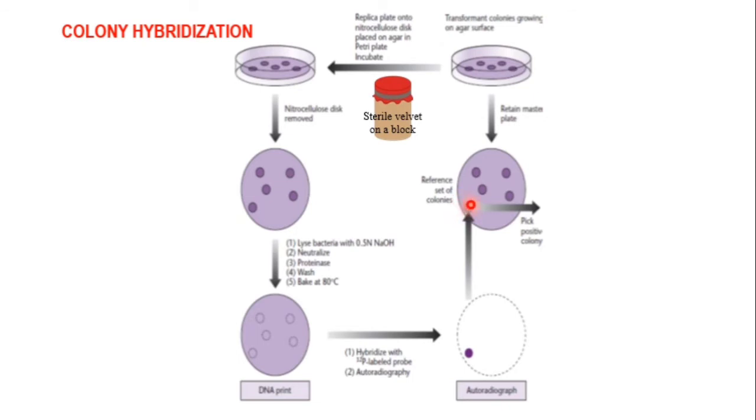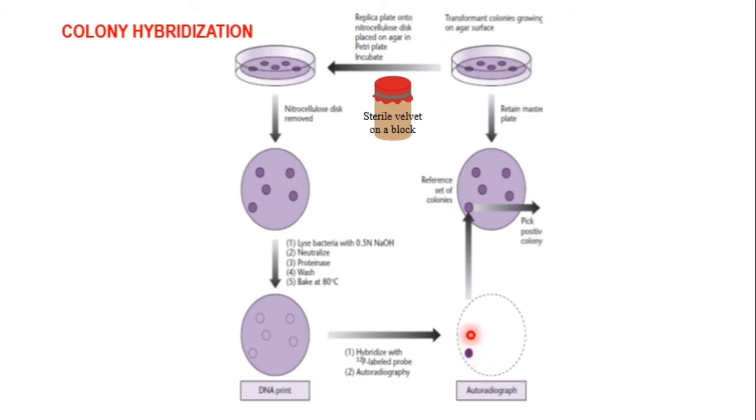Because in this nitrocellulose membrane, this colony's DNA showed autoradiography, it gave radio signals. So in the X-ray film we can identify this spot, and compare it with the corresponding location.